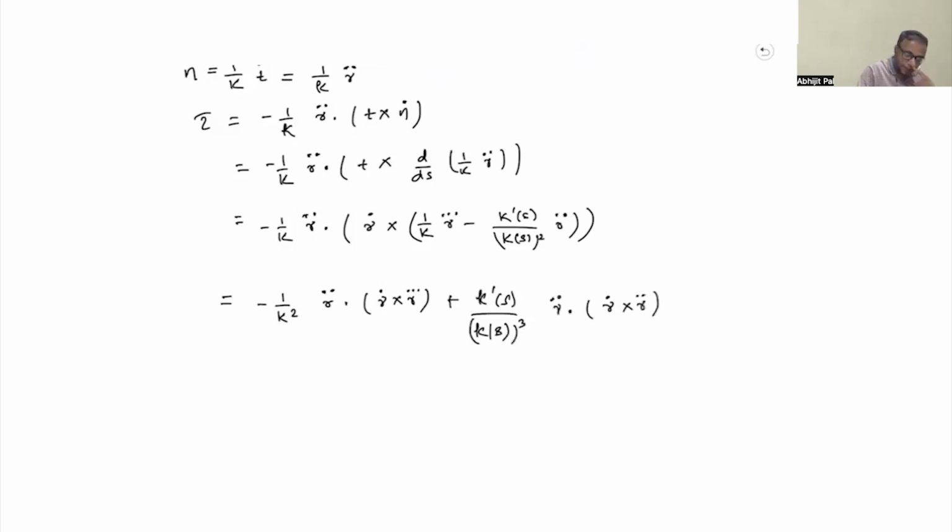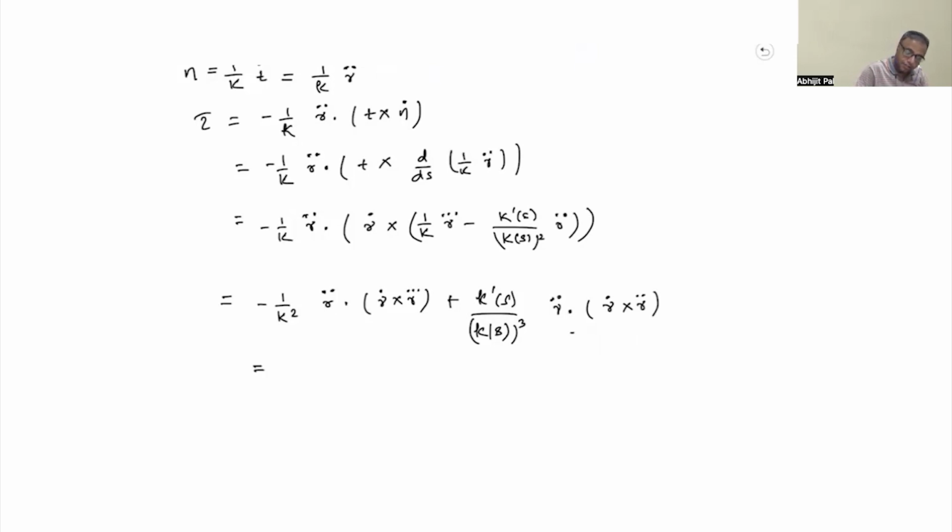Now note that this term is equal to 0. Why? Because this vector, gamma dot cross product with gamma double dot, is orthogonal to gamma double dot. So therefore this dot product is equal to 0.